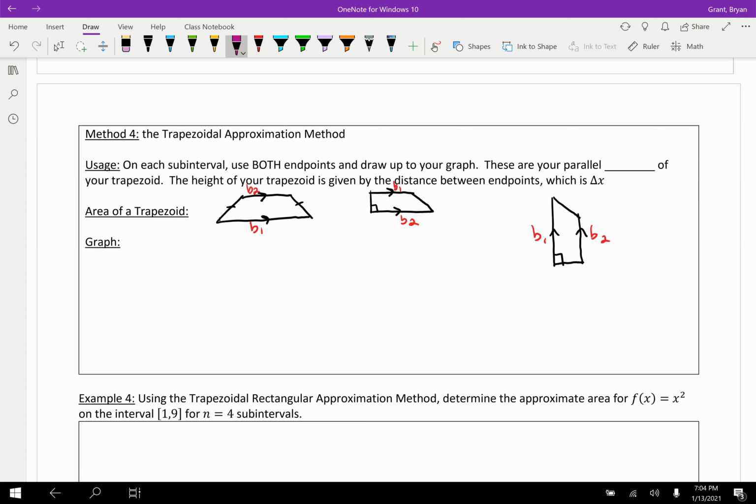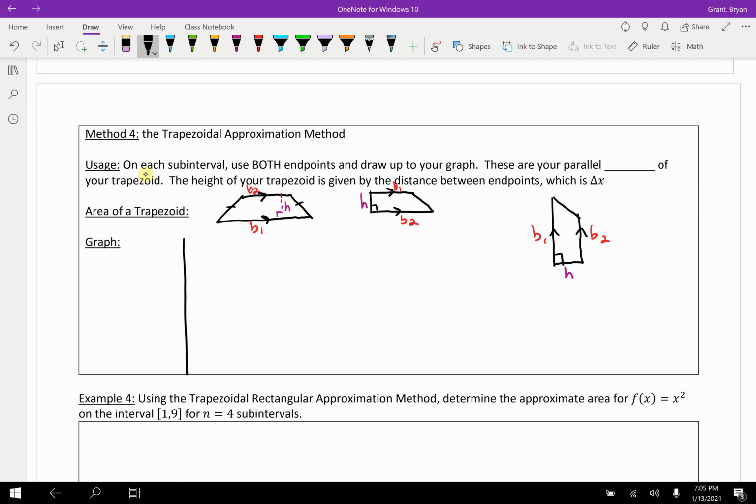Altitudes are going to end at a right angle, so in this case my height would be this guy. That's the height of my trapezoid. These right trapezoids are a little easier because we can see the height. And this is kind of strange, but when it's standing on itself, there is the height, even though it's moving horizontally instead of vertically. So let's keep that in mind and see what the graph looks like.